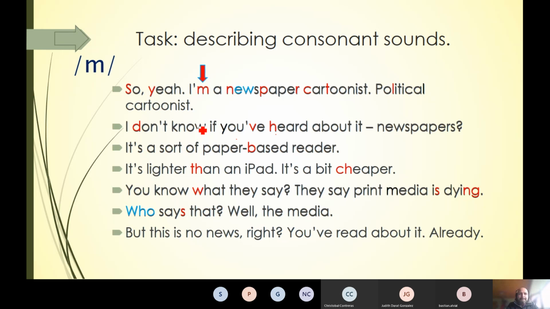Then we have m in I'm, which is voiced, bilabial and nasal. The following is also a nasal sound. It's also voiced, but this one is alveolar, right? So that would be a difference: n is alveolar, not bilabial.